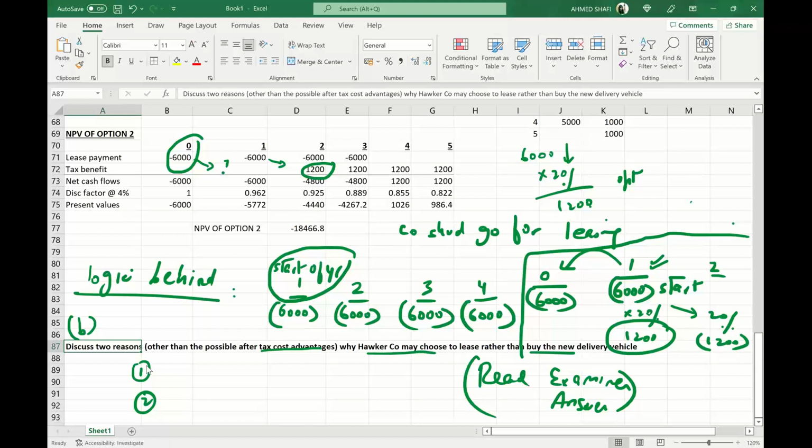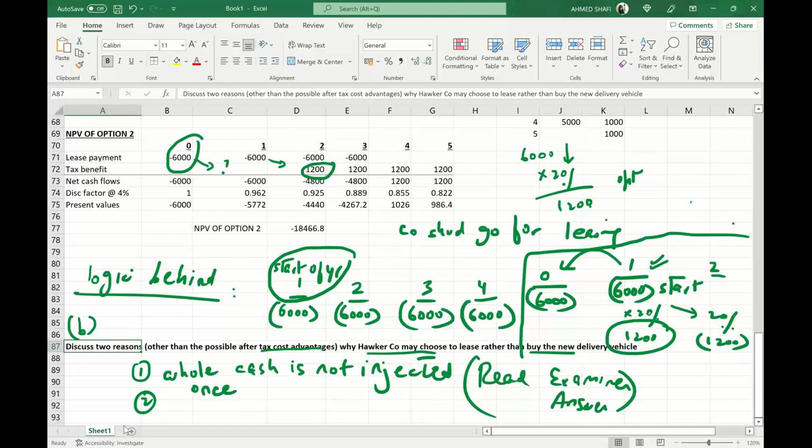So discuss two reasons other than after-tax cost advantages. No need to mention cost advantages, that leasing is cheaper. Other than cost advantages, two reasons why we choose to lease rather than buy. Okay. So one reason why Hawker may choose to lease rather than buy: whole cash is not injected at once.